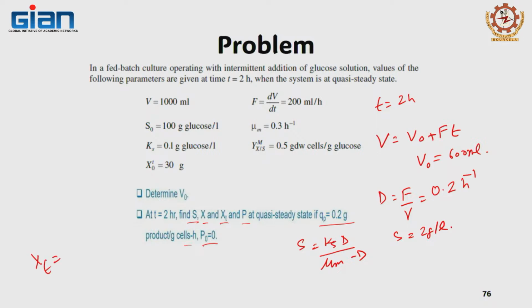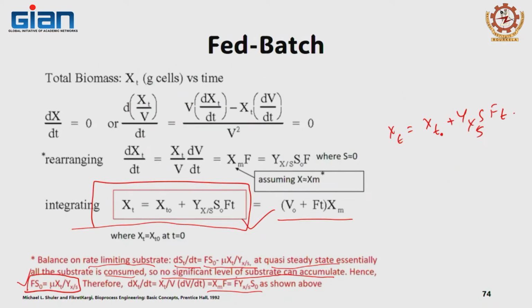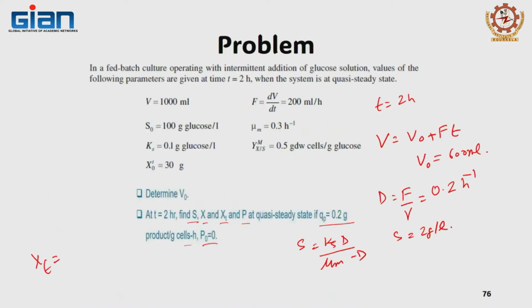Now, X t from the equation would be X naught plus Y x by s, S naught F t, which gives me a value of 50 grams.